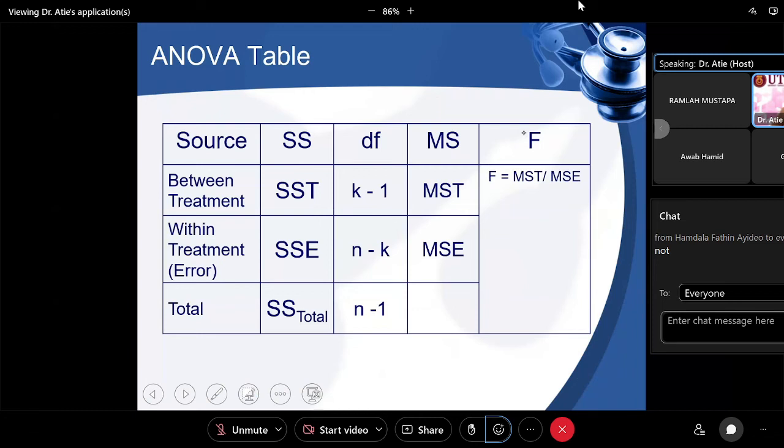Okay, so what I want you to do, people, on page 109, at the top of the page, just before the topic analysis of variance, I would like you to write objective of this chapter.